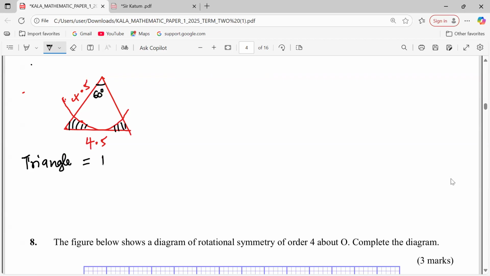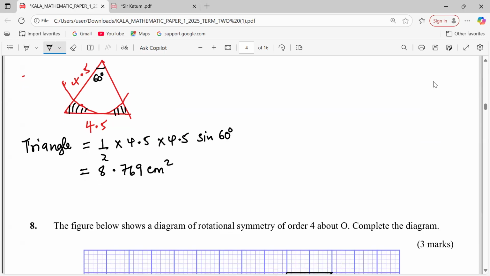For a triangle, we need half times one side times the other side, times the sine of the angle between these sides. So the area of a triangle shall be half multiplied by 4.5 times 4.5, times sine of 60. This gives us 8.769 square centimeters. That is for the triangle.